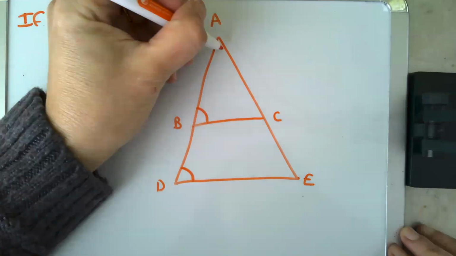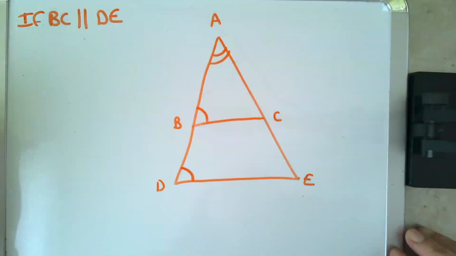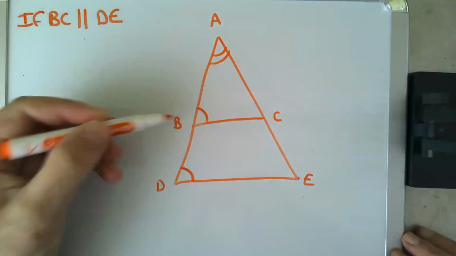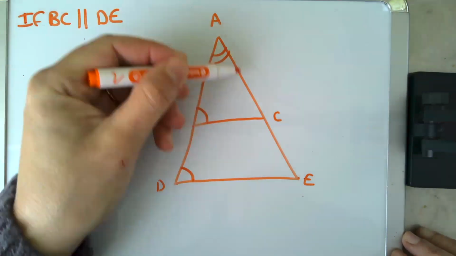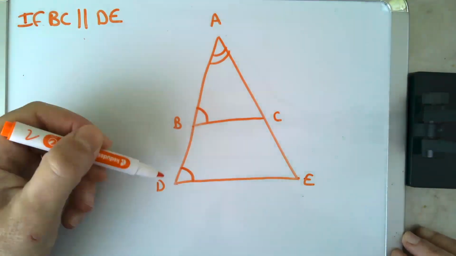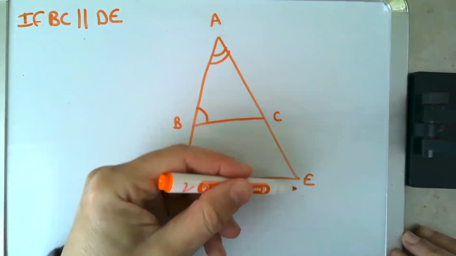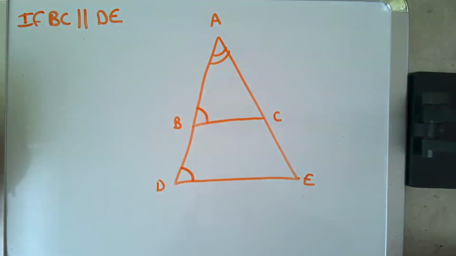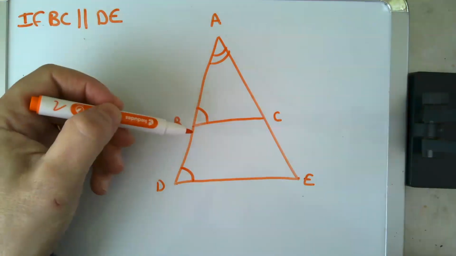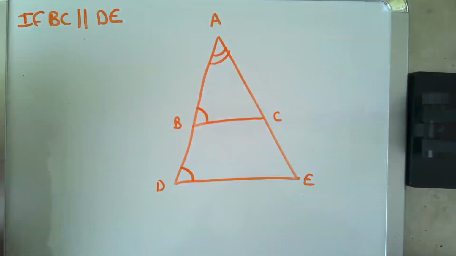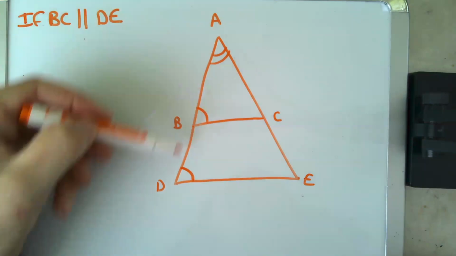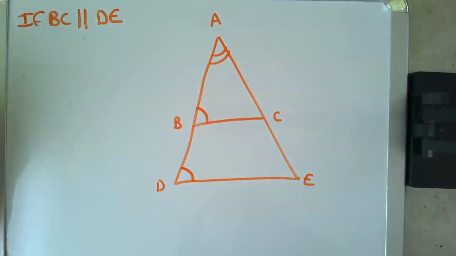And then we also know that this angle is congruent to itself, and it is in this little triangle and it is in this big triangle. So by the AA postulate of similarity, we now know that the little triangle ABC is similar to the triangle ADE. And as soon as we've got similarity, that means we have proportional sides.